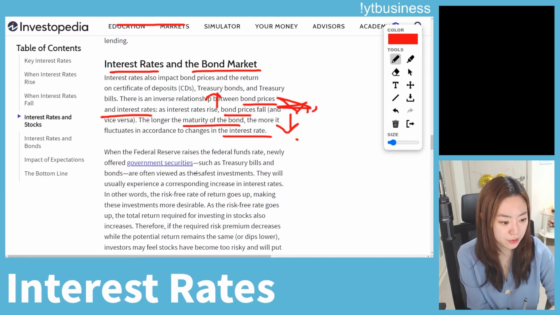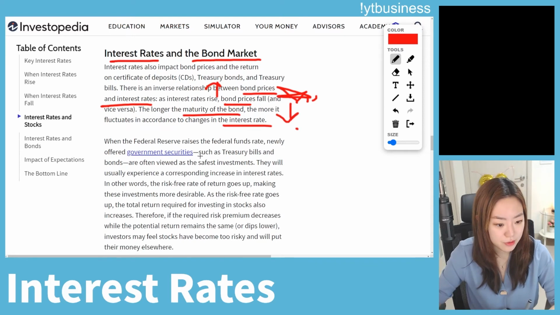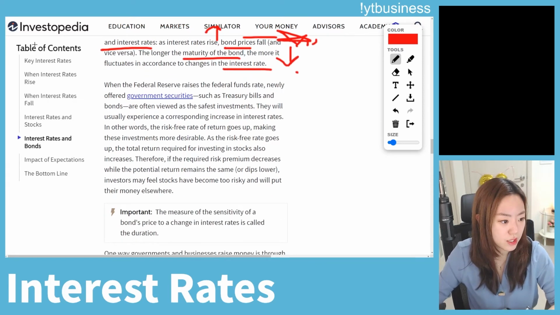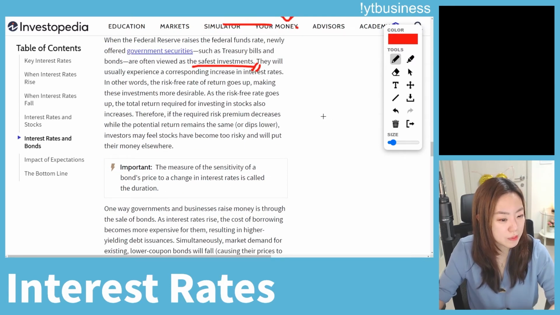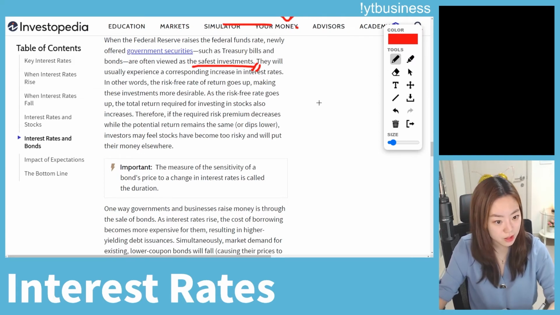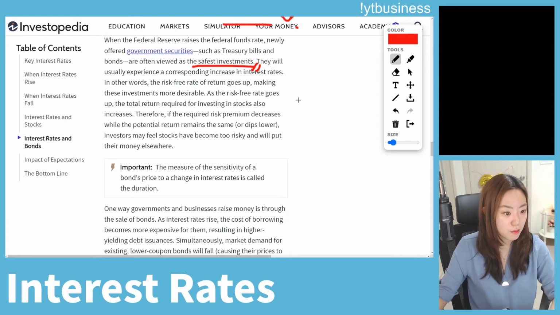When the Federal Reserve raises the federal funds rate, newly offered government securities such as treasury bills and bonds, often viewed as the safest investment, will usually experience a corresponding increase in interest rates. In other words, the risk-free rate of return goes up, making these investments more desirable.